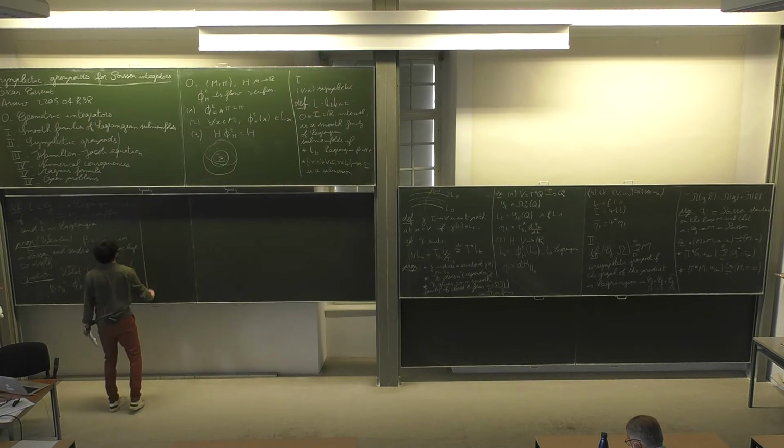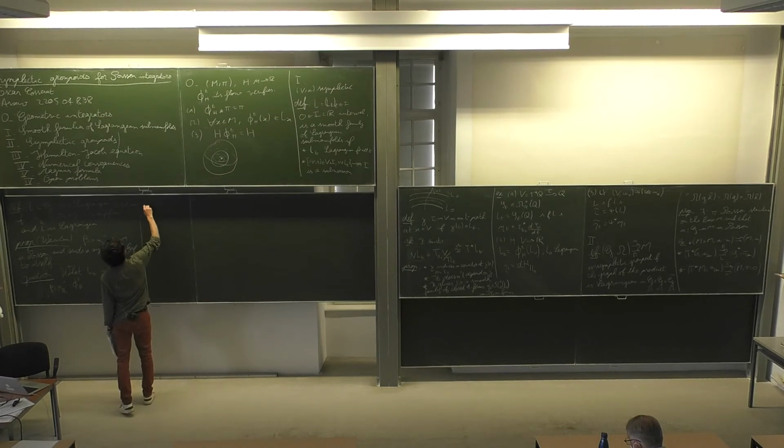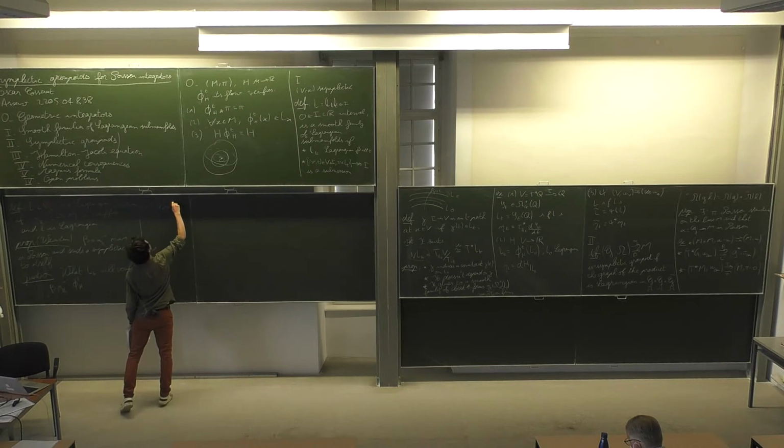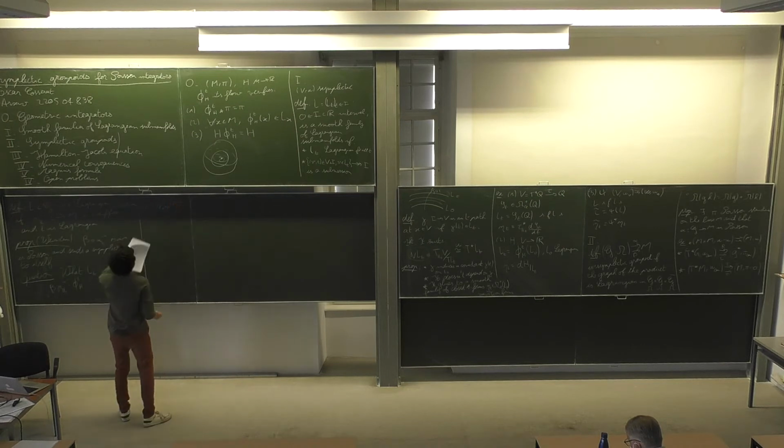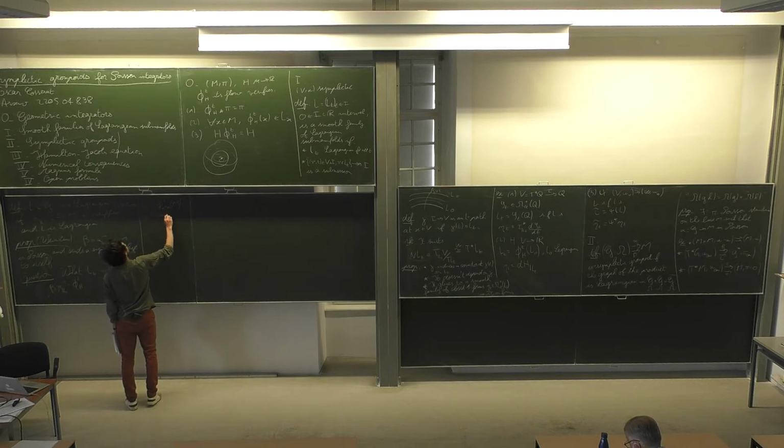So the answer is quite simple. One may take L_t equal to the flow of alpha star of H, starting from the base. But this is actually not satisfying.